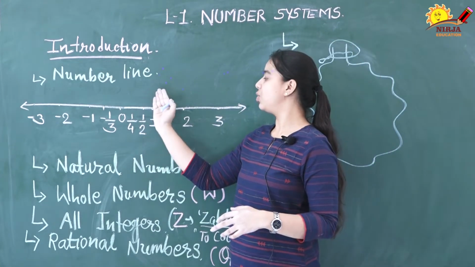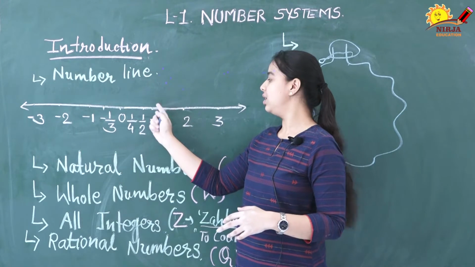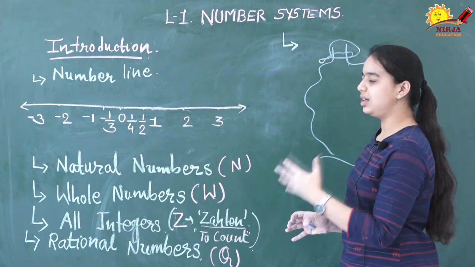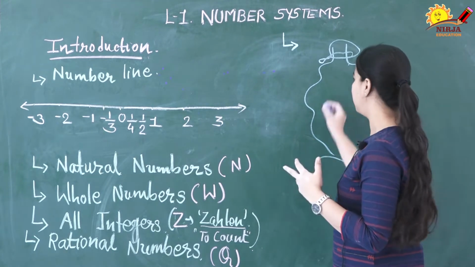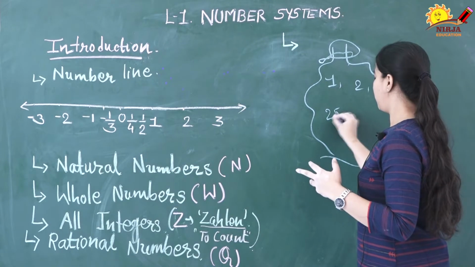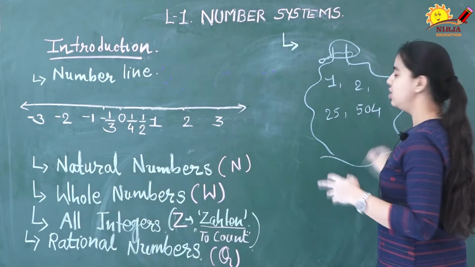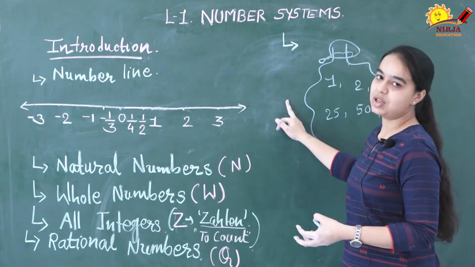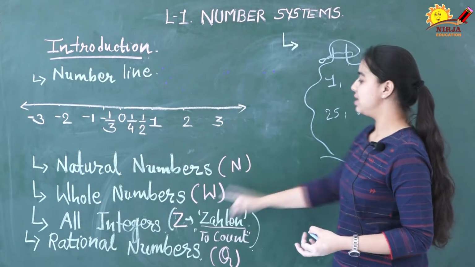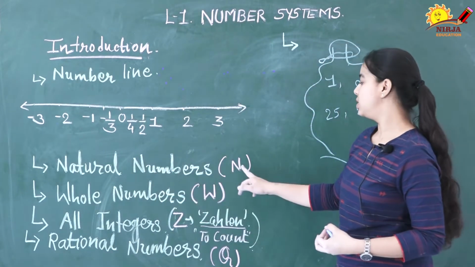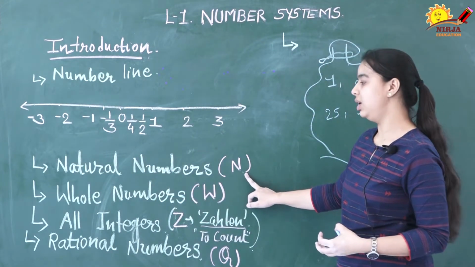If you start walking from 1 and collecting all the natural numbers, it can be 1, 2, 25, 504 and so on. All the positive integers from 1 onwards you can call natural numbers, and we indicate natural numbers by the symbol capital N.